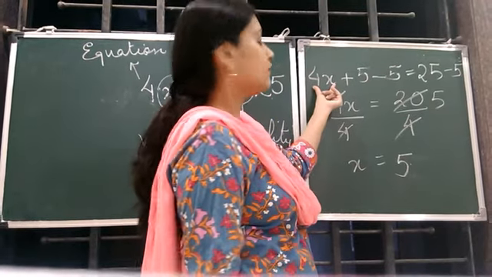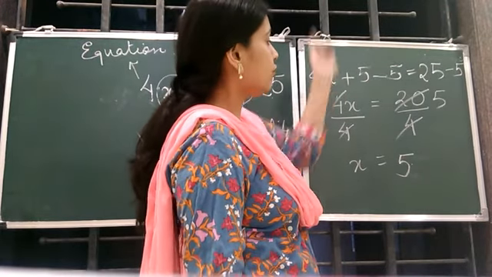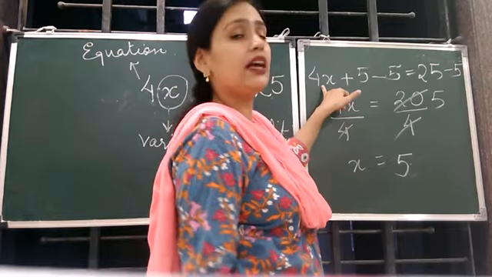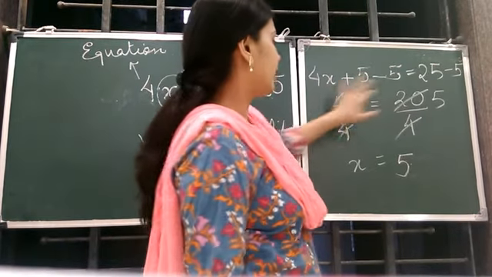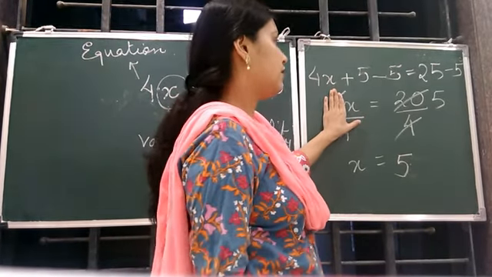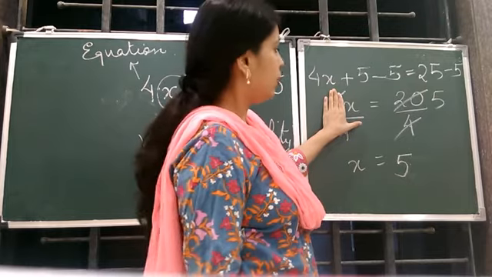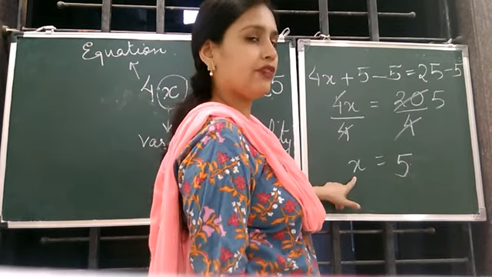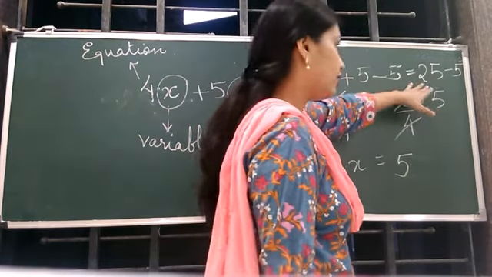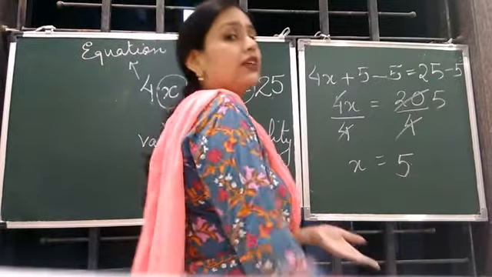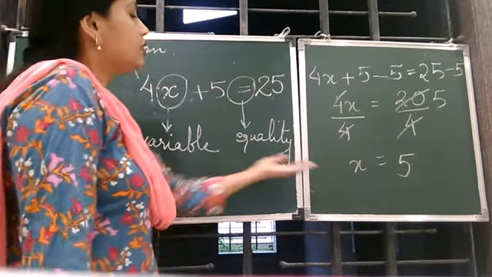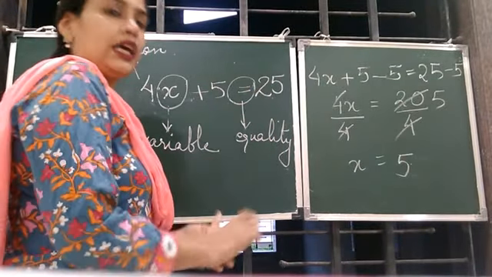Similarly, this 4 has also shifted to that side, its sign has changed. It was multiplication, it became division. If you don't see this, 20 divided by 4, so the value of x gives 5. So either you do it this way or you do the shifting method, that is the transposing method. This is how you solve your equation.